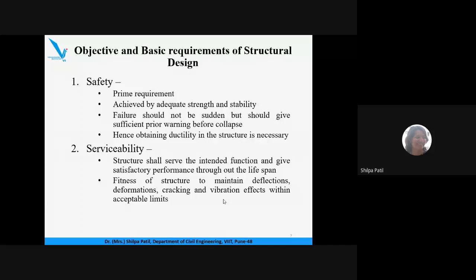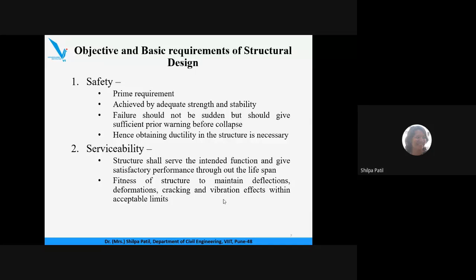But when things do not remain in our control and the members start showing excessive deformation, they should not fail suddenly. Rather, they should show more and more deflection. They will show some cracking so that we get an indication that this member is going to fail now and we should leave this structure immediately. So it gives us prior warning before collapse and we can save our lives. This is the reason why we need ductility in the structure.